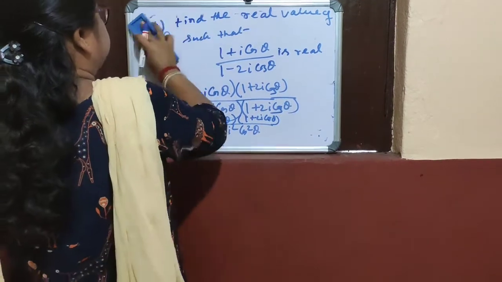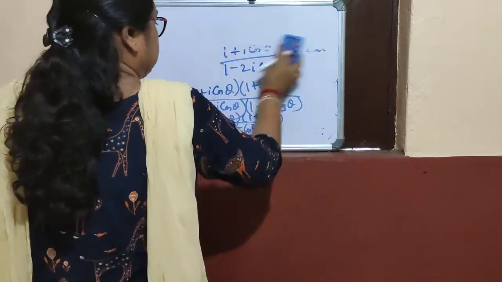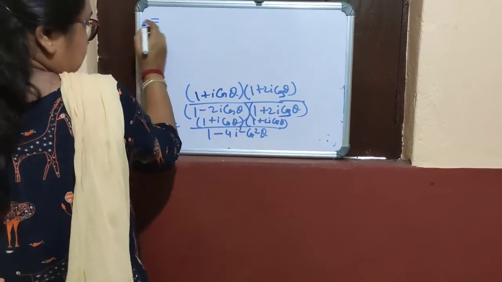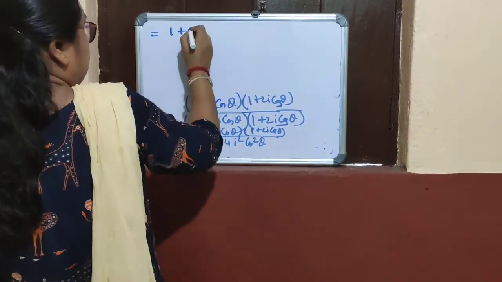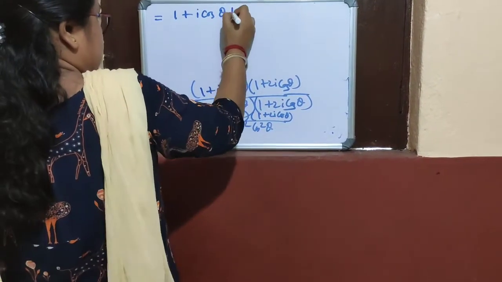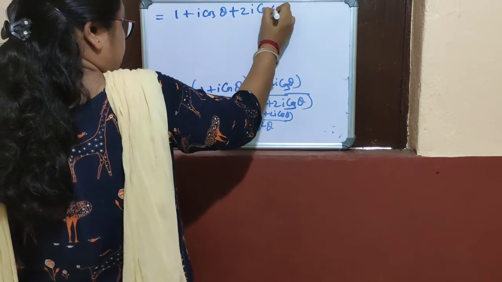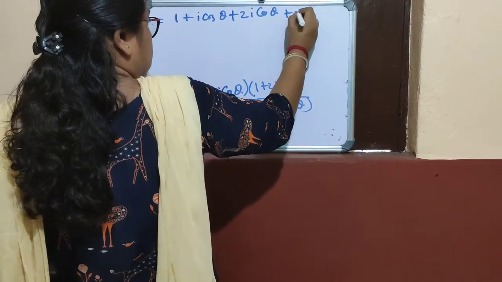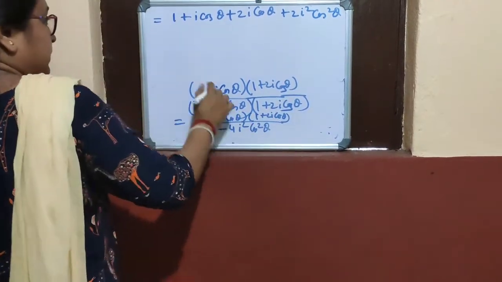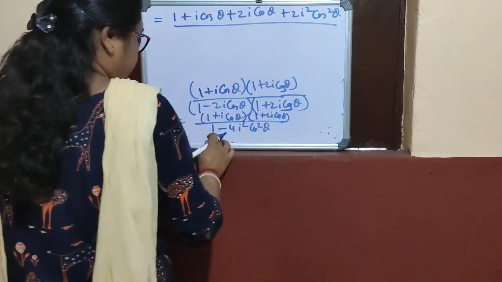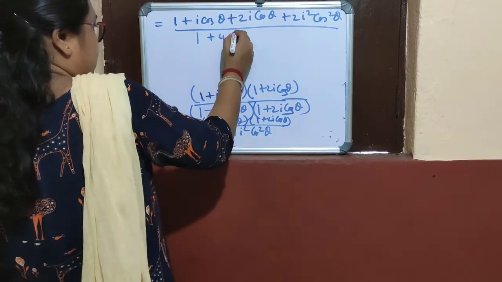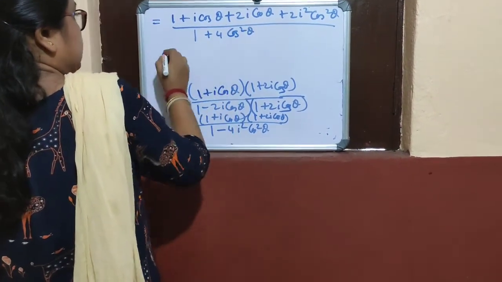Now this is equal to 1 plus i cos theta plus 2i cos theta plus 2i square cos square theta, divided by 1, since i square is minus and minus 4 i square is positive, this is 4 cos square theta.